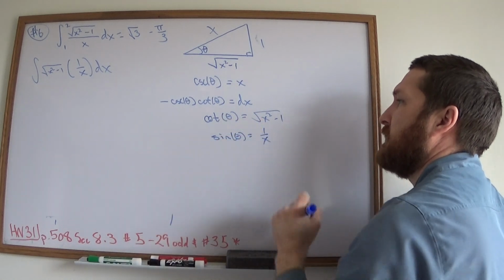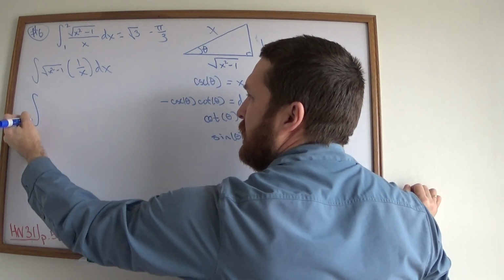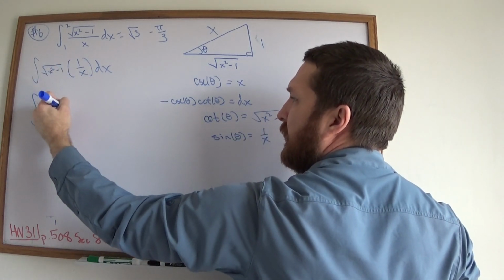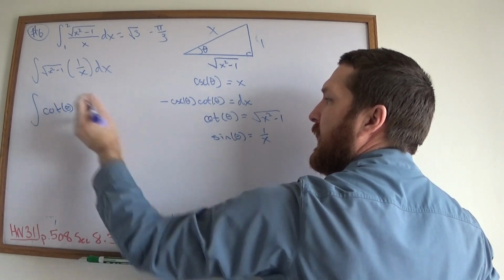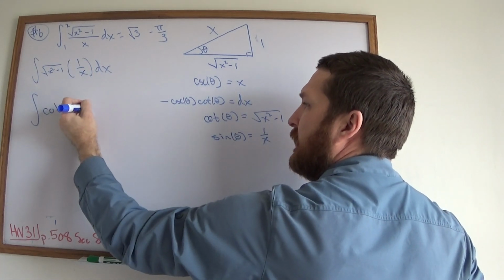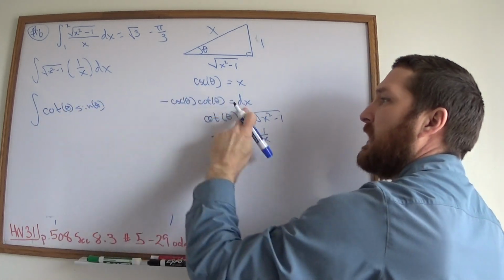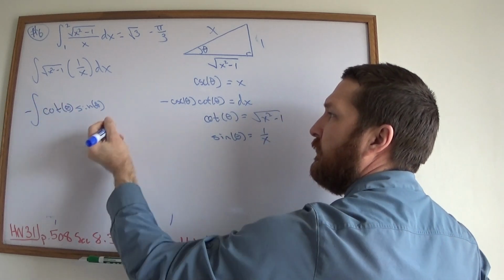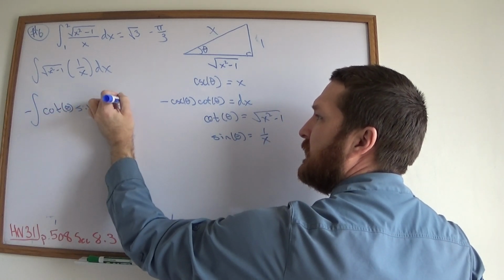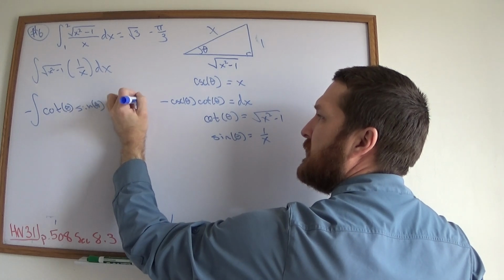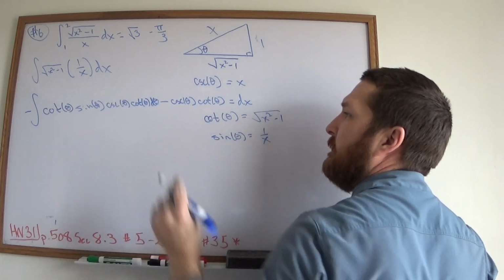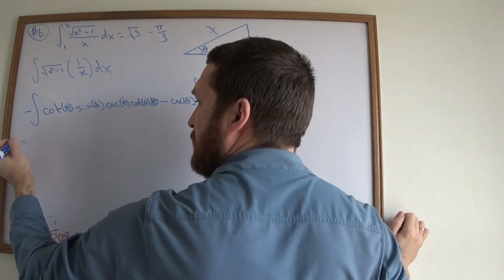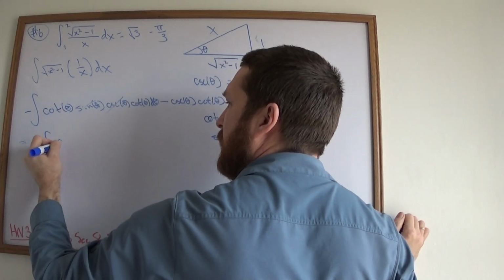And so I do all my substitutions. This is cotan, 1 over x is sine. Dx is negative. I'm going to pull that negative all the way out in the front. And I get cosecant cotan d theta. Again, the sines and the cosecants cancel, and I get this is equal to negative cotan squared.